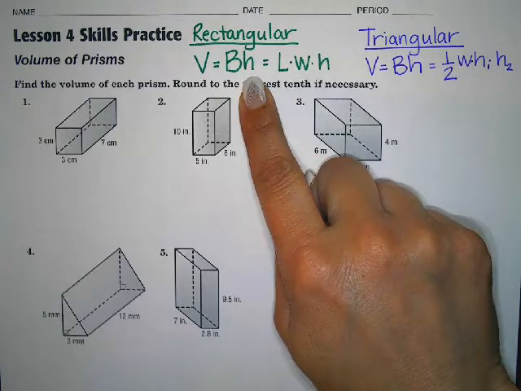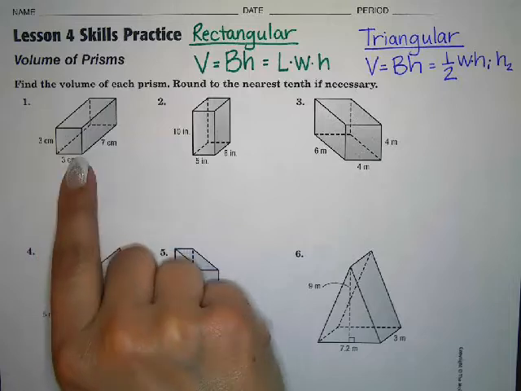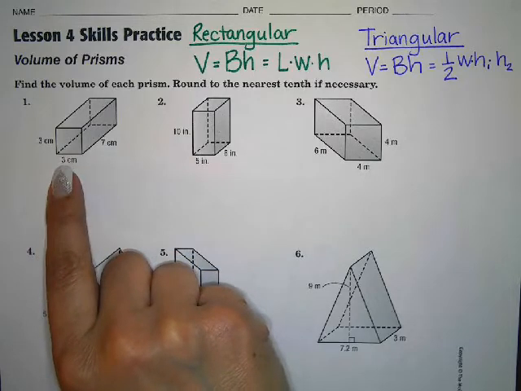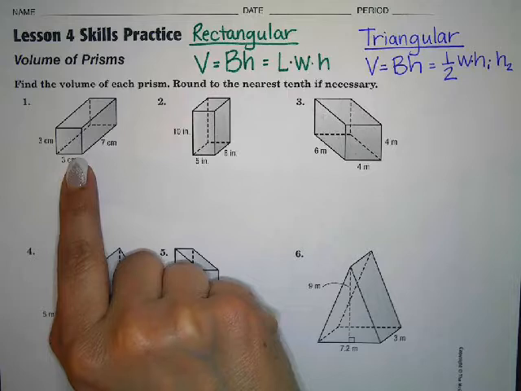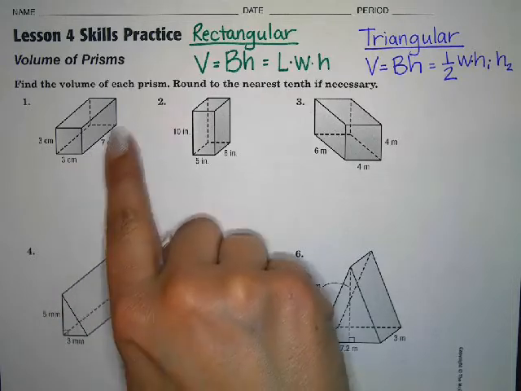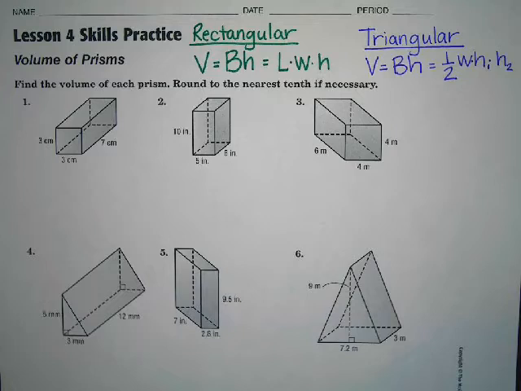So if we really write that out, if we look at number 1, the area of our base is a square on this one, which is 3 by 3. So we would find the area of the square and then multiply it by the height or the length of this prism.